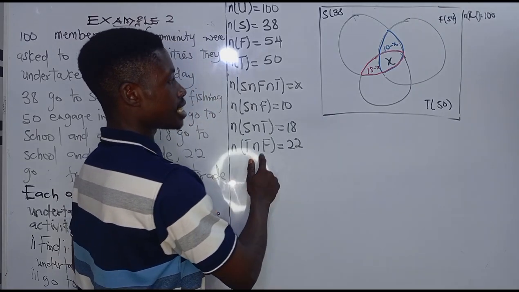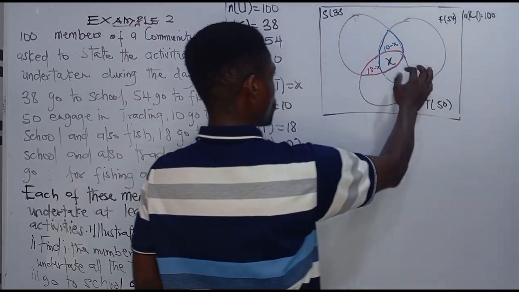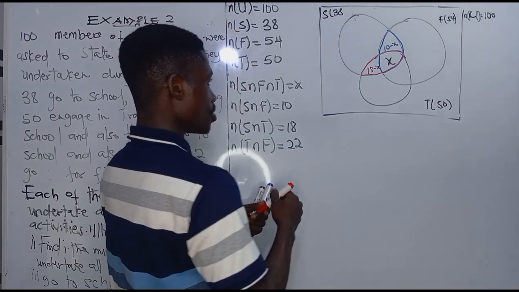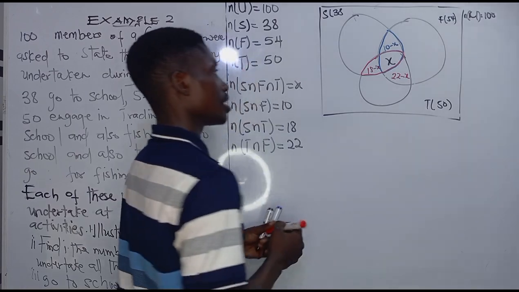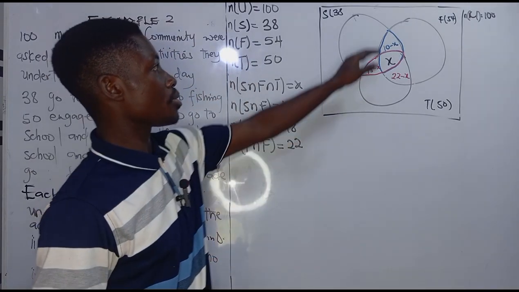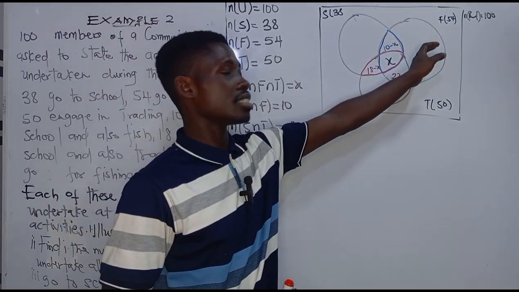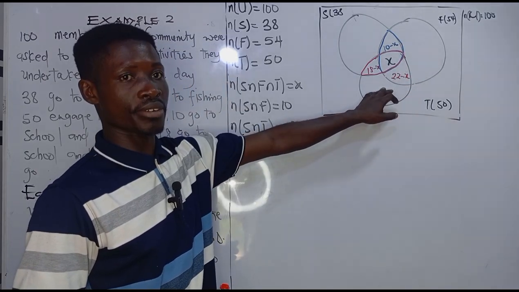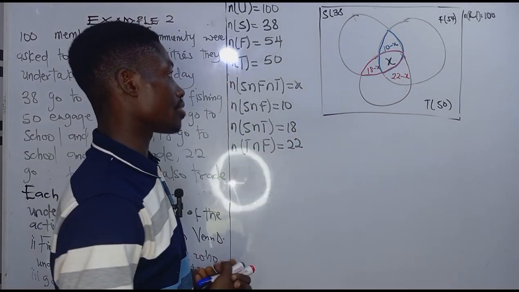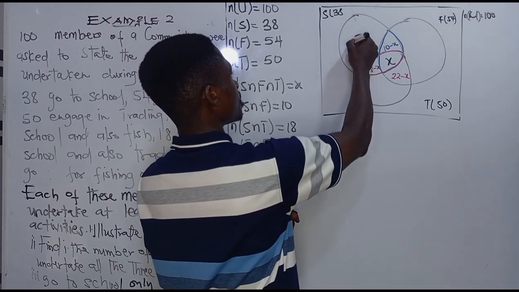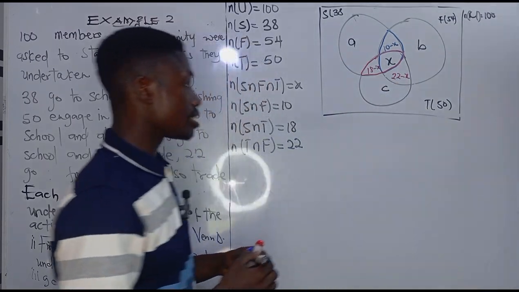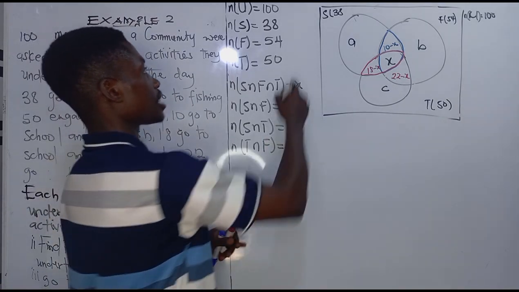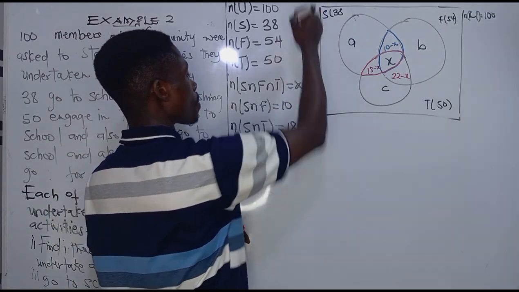So we have trading and then fishing, the whole of this, and it is going to be what? 22 minus what? X. Good. Now actually we don't know this particular region, and this particular region. So we can represent them with the variables a, b, and then c. And that is that. So we are done with the illustration or the representation.